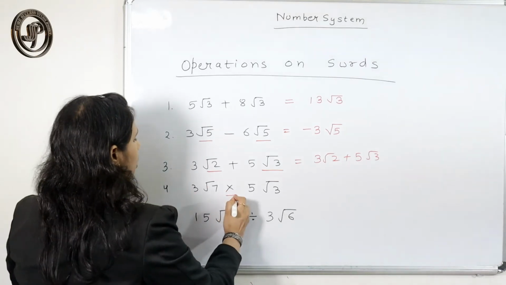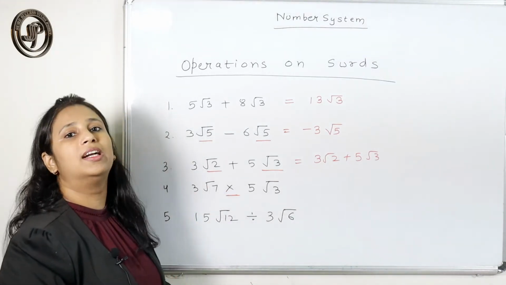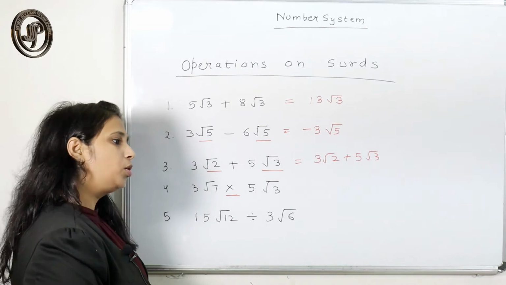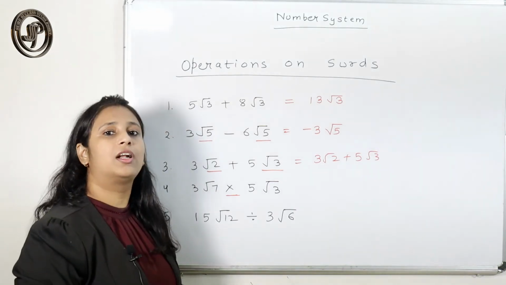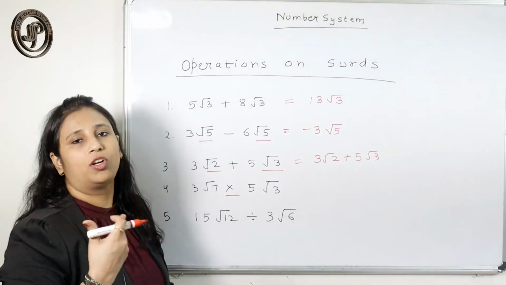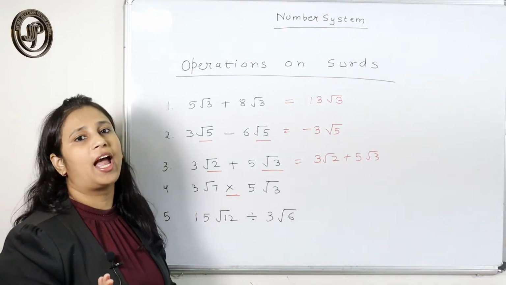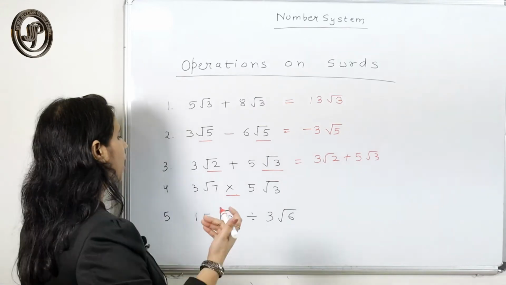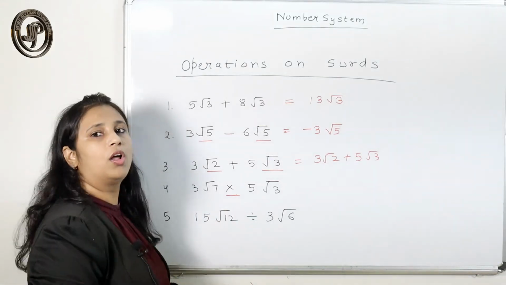Now comes the operation of multiplication. So I told you, in multiplication and division, whether the surds are like or unlike, you can multiply them or divide them.